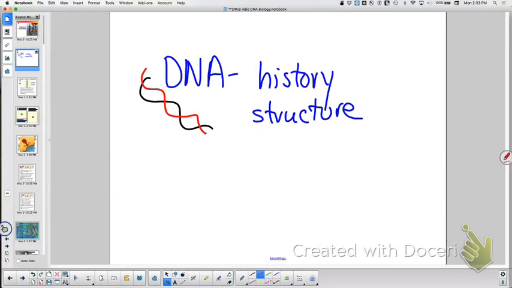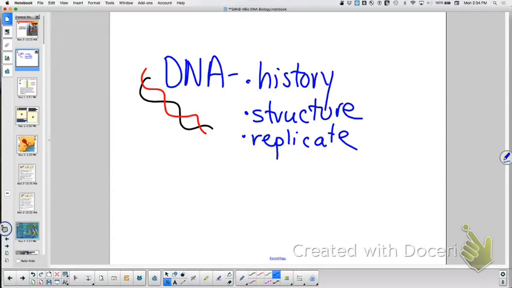Then the next thing we talked about is, once we know the structure of DNA, how does it replicate? How do we make more DNA? That occurs during the S stage of interphase, right? So that's one whole big chunk: DNA, its history, its structure, and how it replicates.